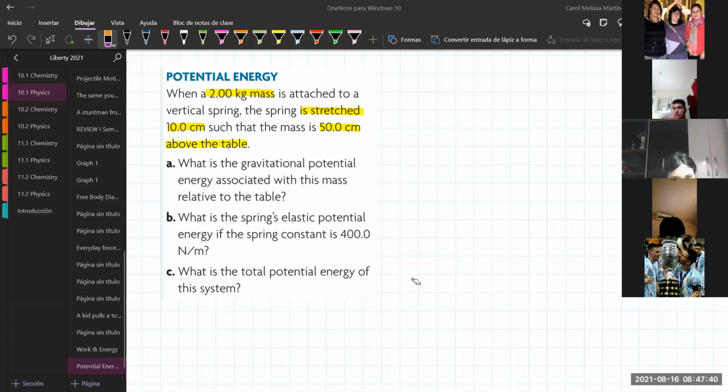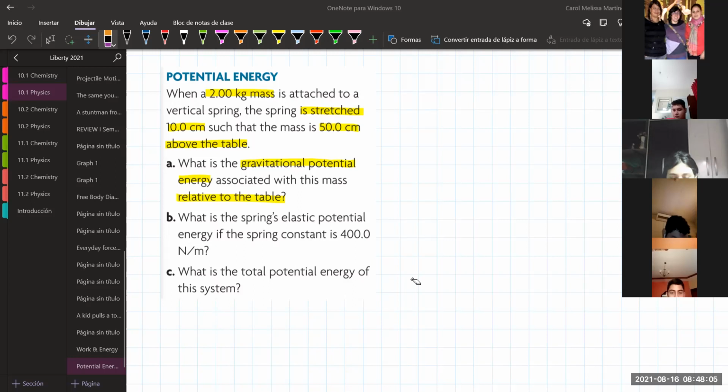In the first part, it says what is the gravitational potential energy associated with this mass relative to the table. So in the first part, we need to get gravitational potential energy relative to the table. In part B, it says, what is the spring's elastic potential energy if the spring constant is 400 newton per meter?